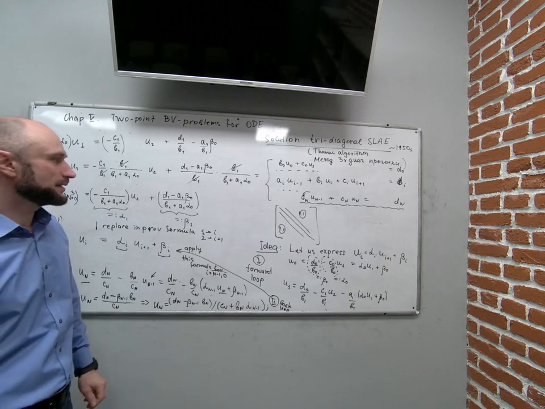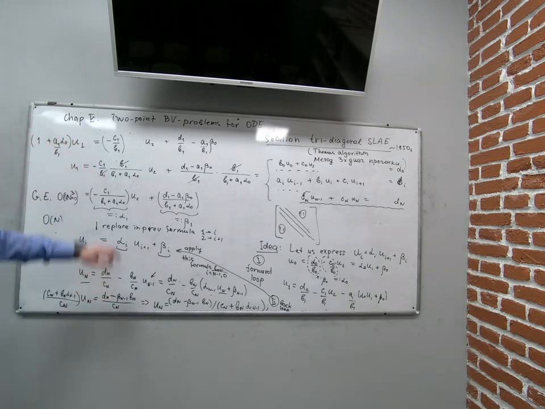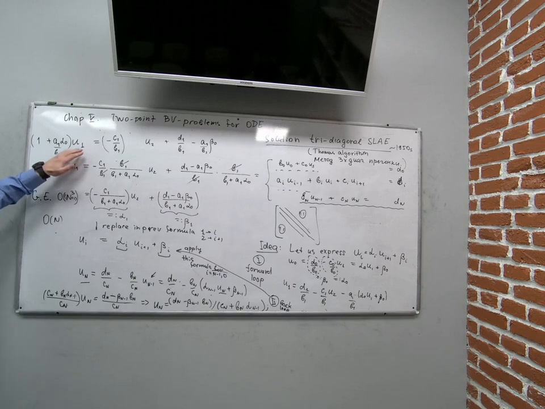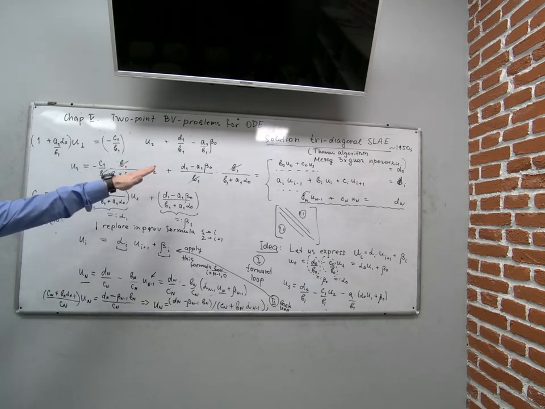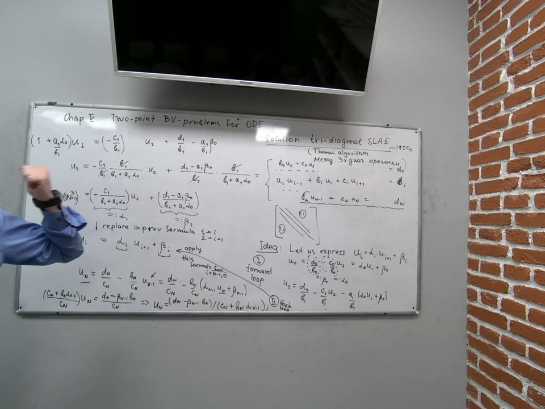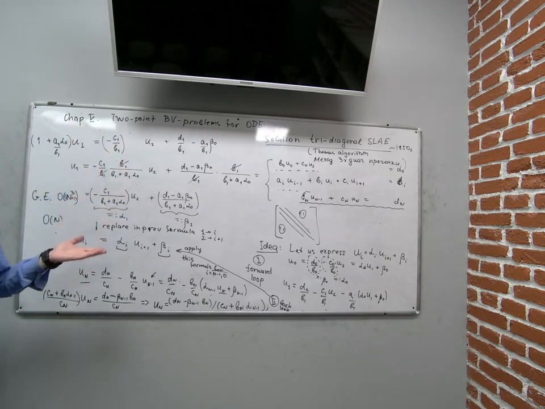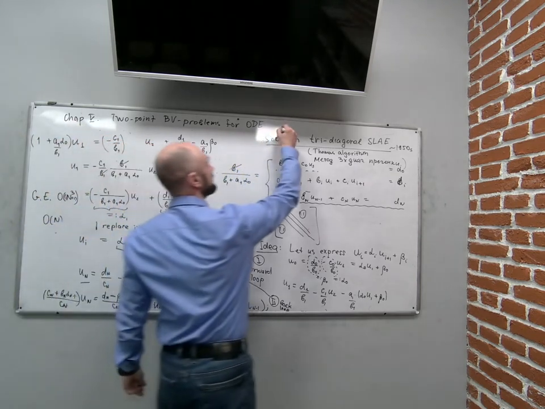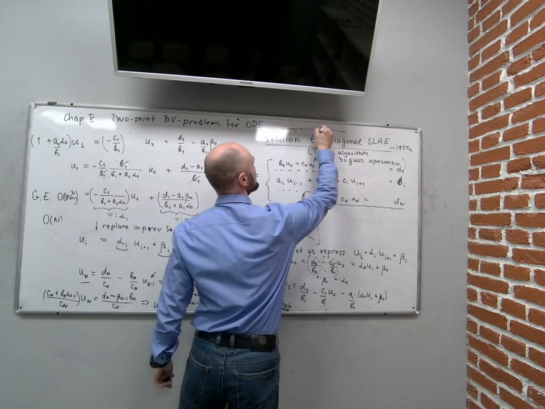And this is the typical situation when you apply the finite difference method for the approximation of boundary value problems for differential equations, if you use regular meshes. In the one-dimensional case, it's probably not very clear what I mean by regular meshes, because all meshes are regular. I don't mean that the mesh should have the same step.